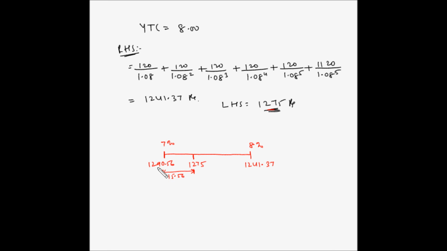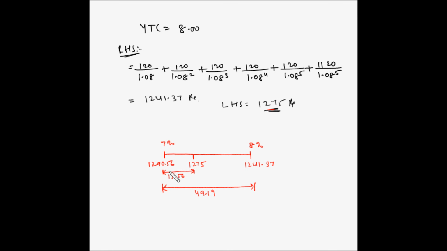And the total difference between the value at 7% and at 8% is 1290.56 minus 1241.37. So this value is 49.19. So the gap of 1%, that is from 7% to 8%, leads to a gap of 49.19 in the value of the right hand side.